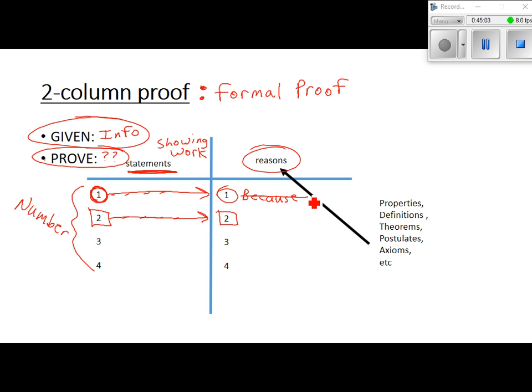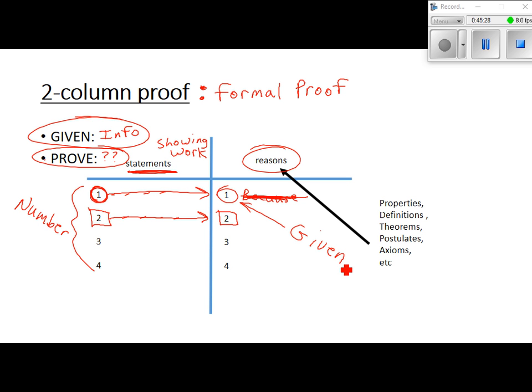The other thing that could be over here, and will come most of the time, and you might want to write this in there for number 1, the one that most of you are going to learn to love because you're going to get free points for it: given. What do we normally start off our argument with? Whatever we are given.